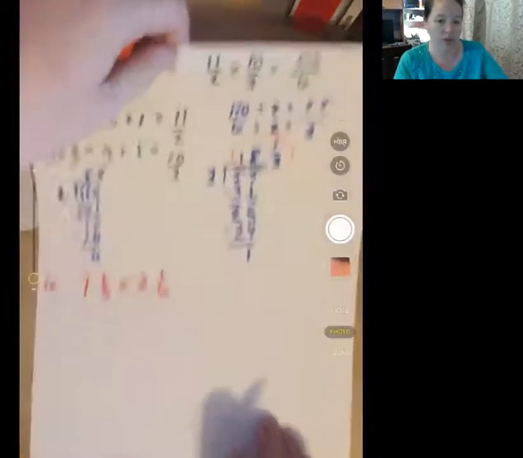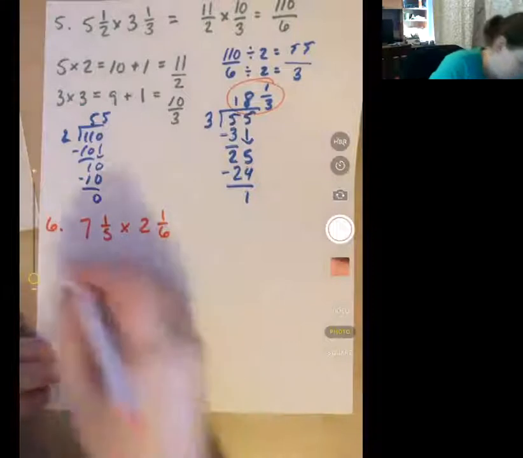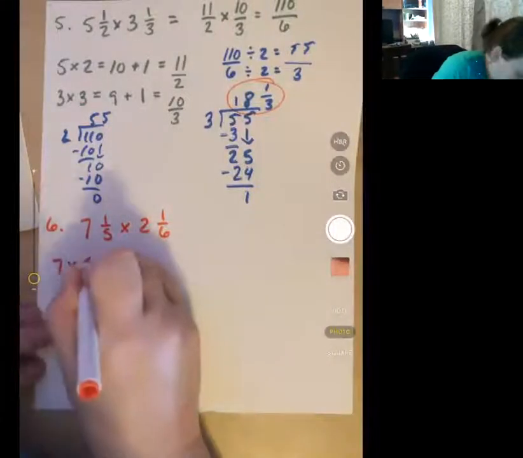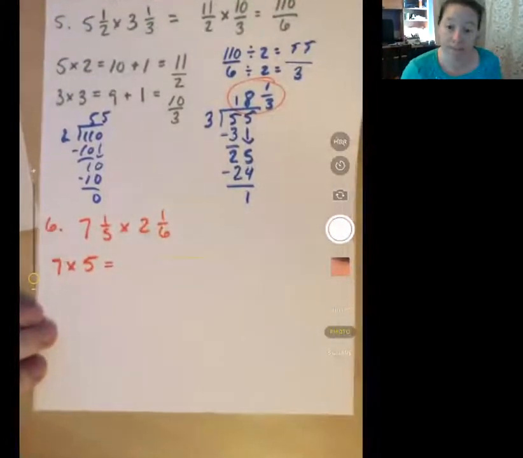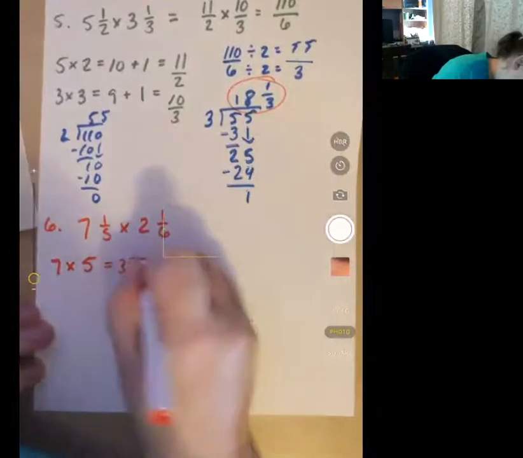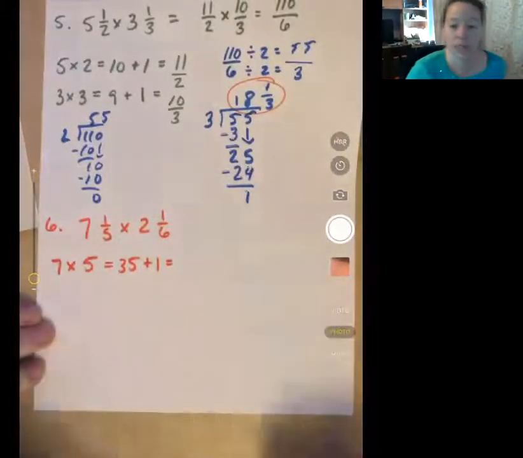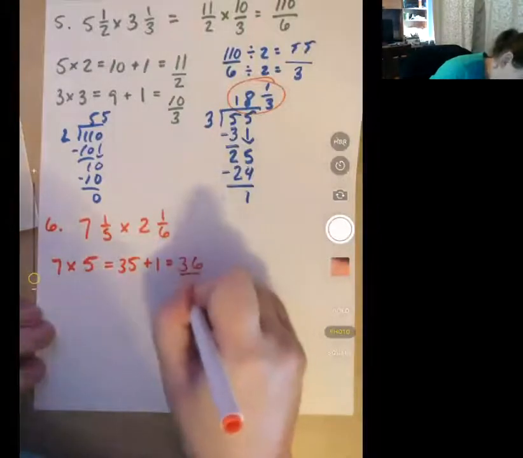So we are going to, once again, make these improper fractions. 7 times 5 is 35, plus 1, which is 36 over 5.